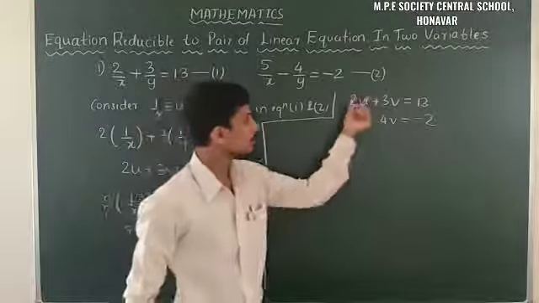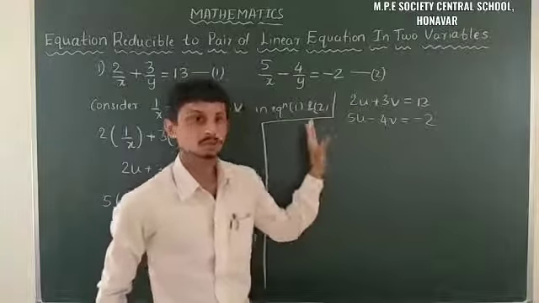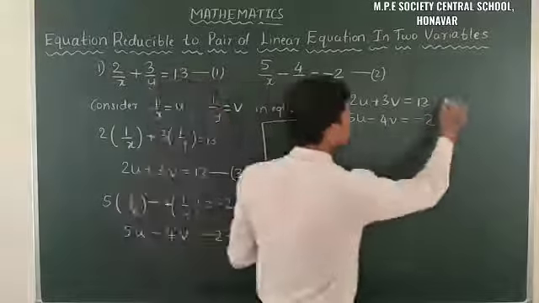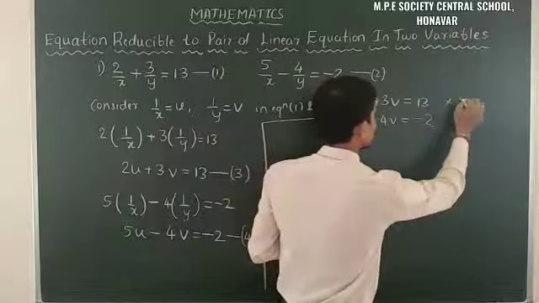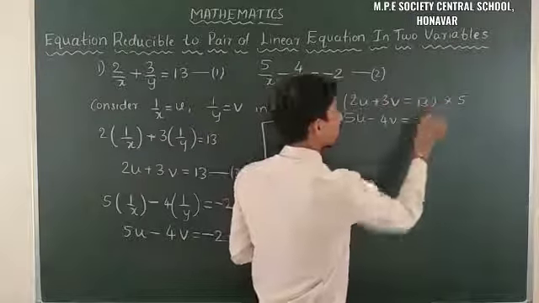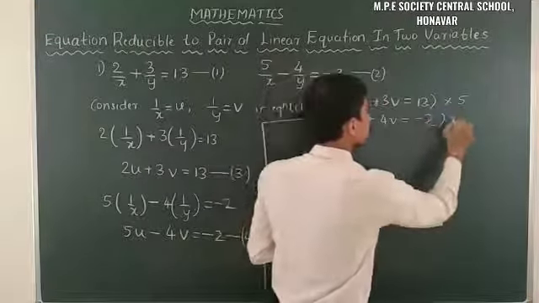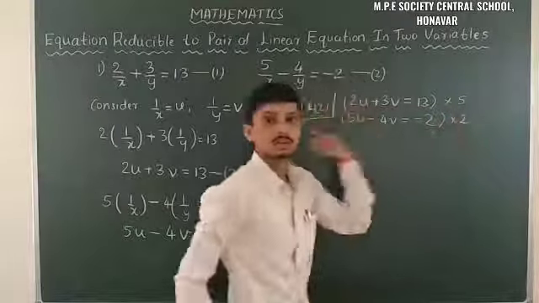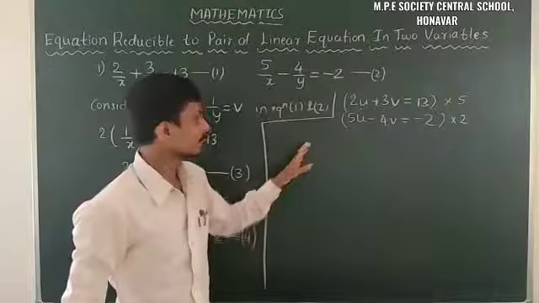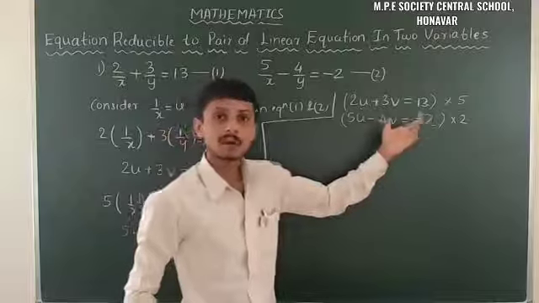Firstly we have to cancel out u, so we multiply this with 5 and this with 2.